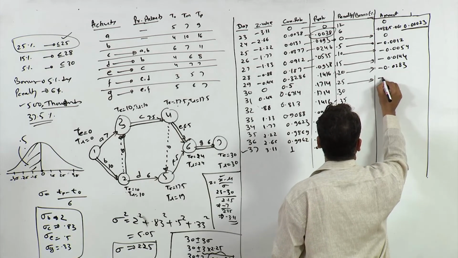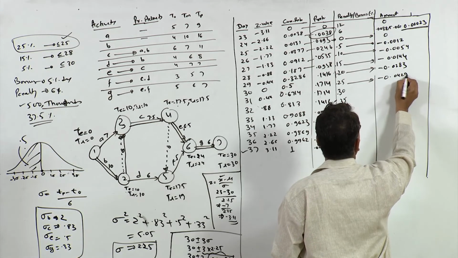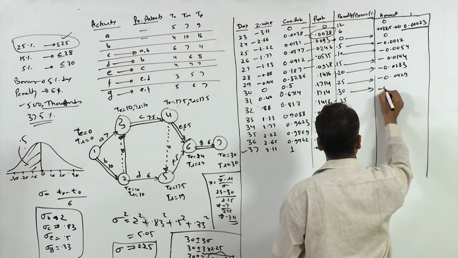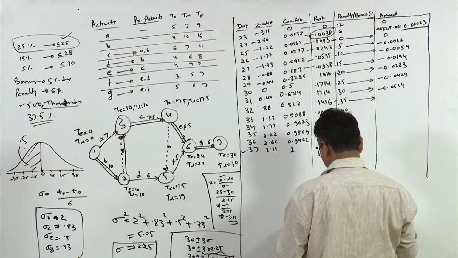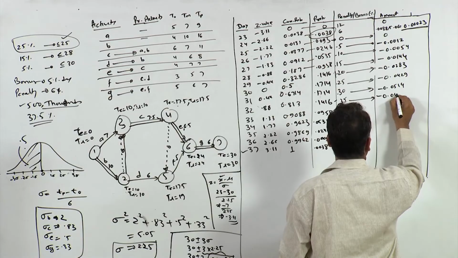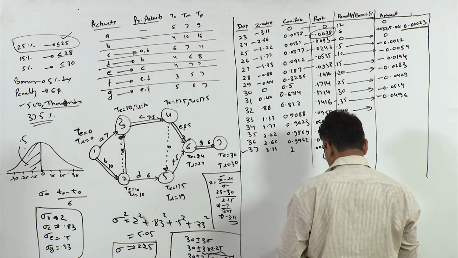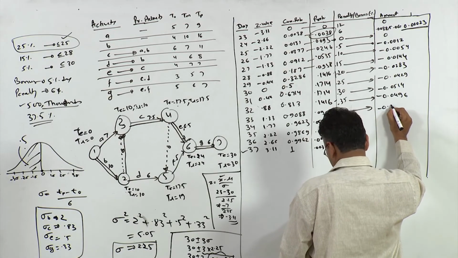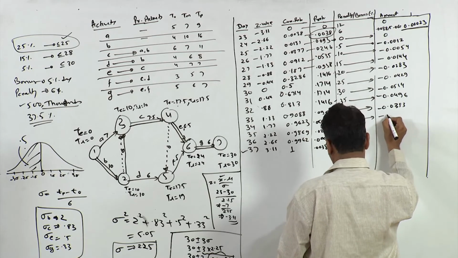For 25% minus 0.0429. For 30% it is minus 0.0514. For 35% minus 0.0496. For 40% it is minus 0.383.